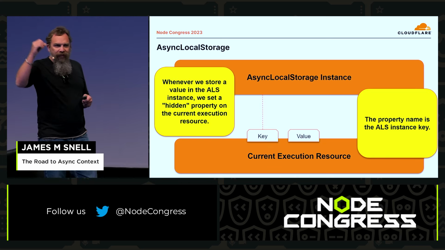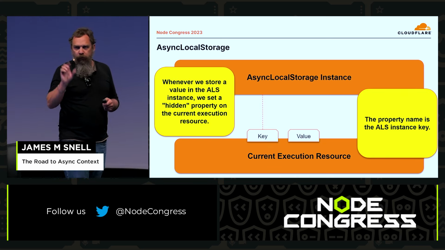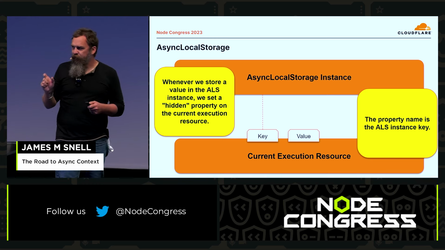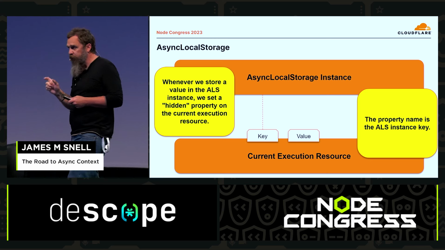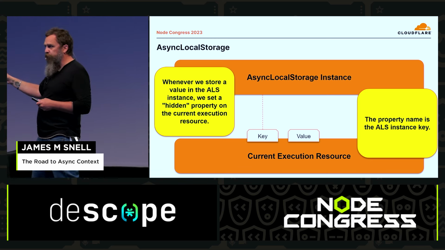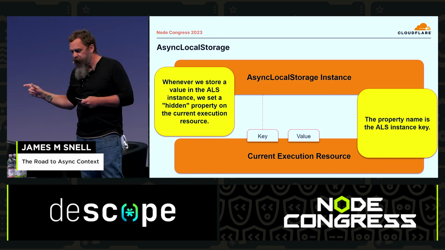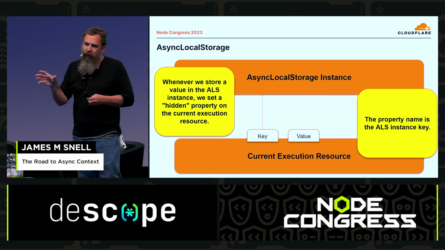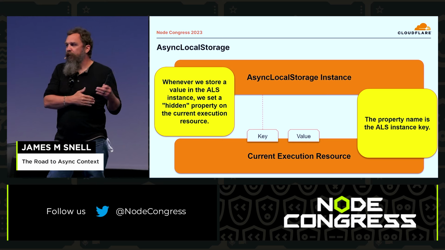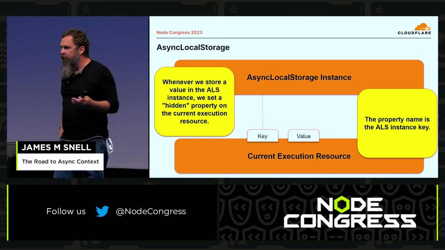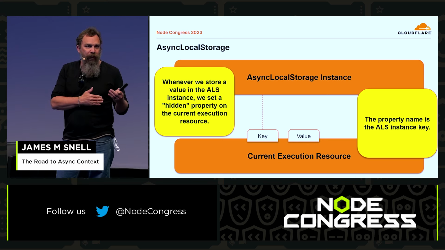Whenever you set that value, so als.run, right, and we're setting that value, what we do is set that key from that instance to the value that we're setting. And then that current execution resource actually maintains the map of all of those values. So let's say we have 10 async local storage instances in our application.